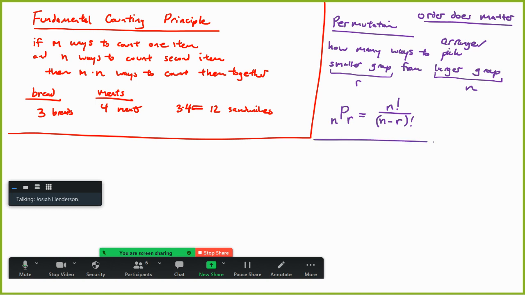The other one we had was a combination, and this is the same idea except order doesn't matter. So the order of the arrangement isn't important, but you're still picking a smaller group from the larger group.